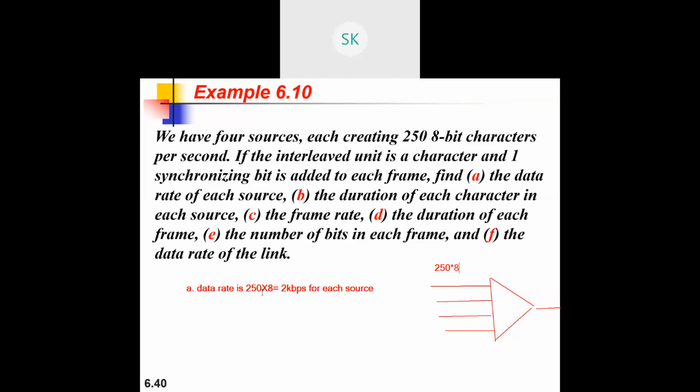So if it is transmitting 250 8-bit characters per second, what is the data rate? Each particular source will be producing 250 characters, sorry, 250 8-bit characters per second. So that's why it should be 250 multiplied by 8.